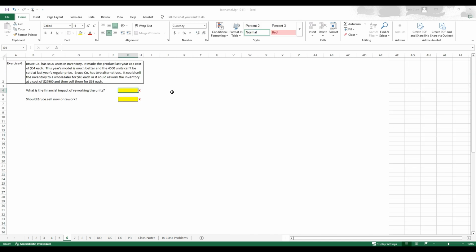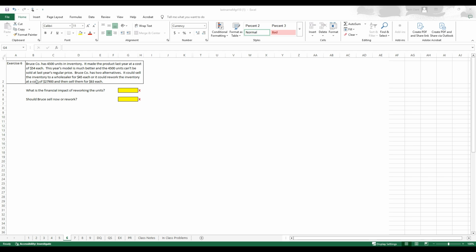All right, so now here we are on exercise 6, and in this problem we have a scrap or rework type of question. The question tells us that we have 4,500 units in inventory. It gives us a cost for production last year, but we're going to ignore that because those are just sunk costs at this point, and we have to figure out what to do with these now, right? This year's model is much better.